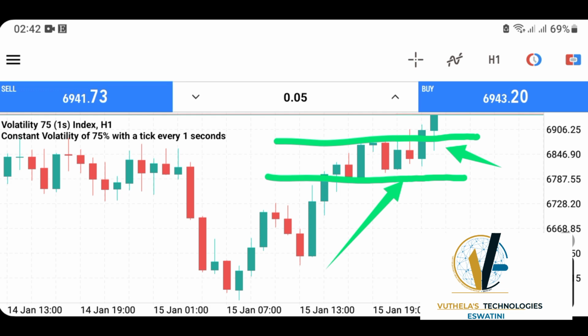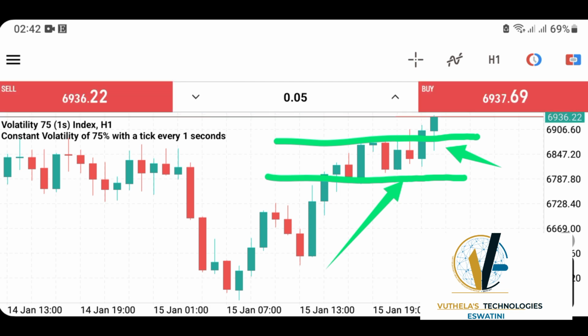So when you are analyzing and trading, first thing first, you need to understand that finding the road of the market is the key concept. Okay, now you can see where the current market price is. The market has broken the structure here.